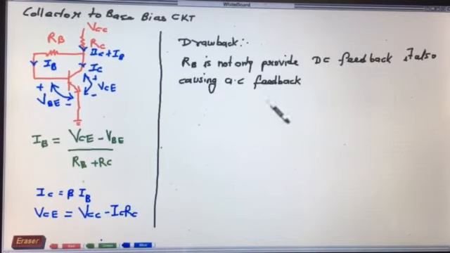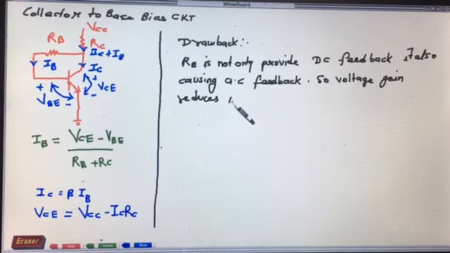The AC feedback reduces the voltage gain, which is not desirable in amplifier circuits.